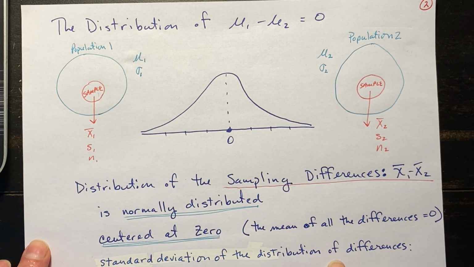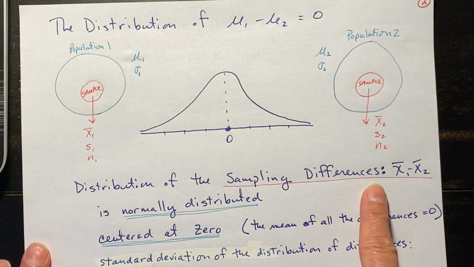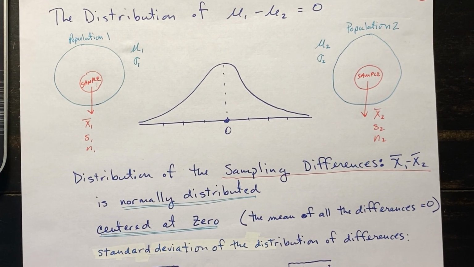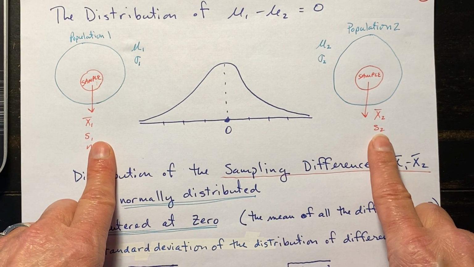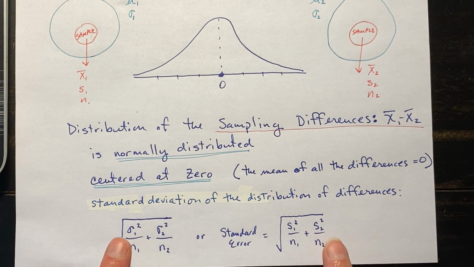Now, the standard deviation of this sampling distribution of differences. We've got two populations now, so I'm going to take in both of the standard deviations from the populations. If these values are known, we use them.